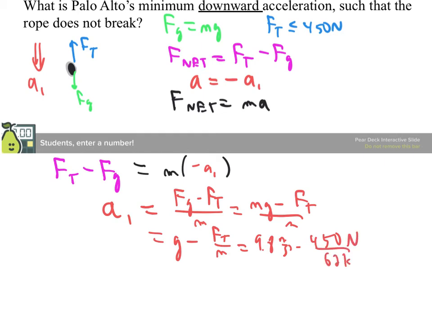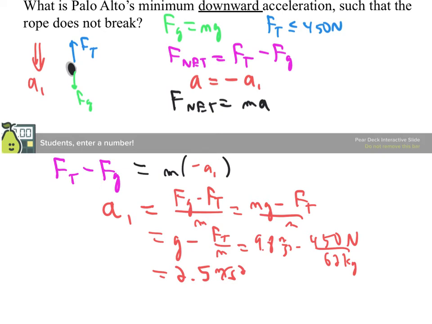But his mass is still 62, and we get 2.5 meters per second squared. This is the minimum acceleration, which is weird, right? But this is the least he can have.